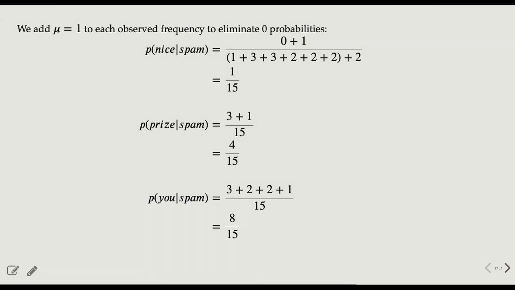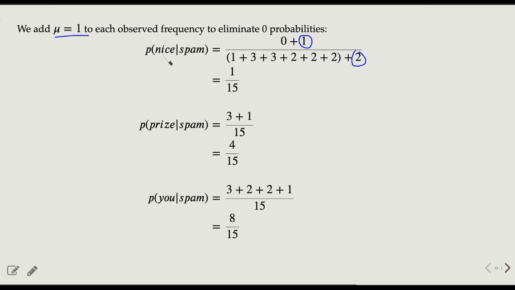And so if we do that, let's suppose we choose mu equal to 1. So we are going to add 1 to each term frequency value. And of course we add 1 to the numerator, we add 2 to the denominator here.